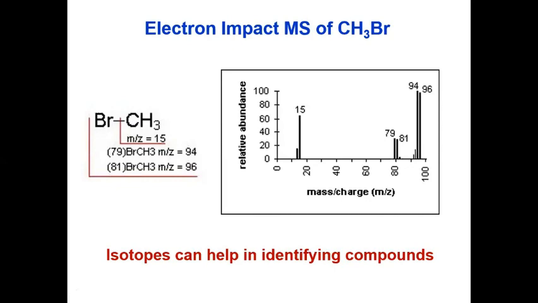Here the molecular weight of methyl bromide is 96 and 94. The 96 and 94 are due to the presence of isotopes of bromine. We also get peaks for the isotopes of bromine at 79 and 81, and there is also fragmentation of bromine from methyl bromide, and we will get a cation of the methyl group at 15.